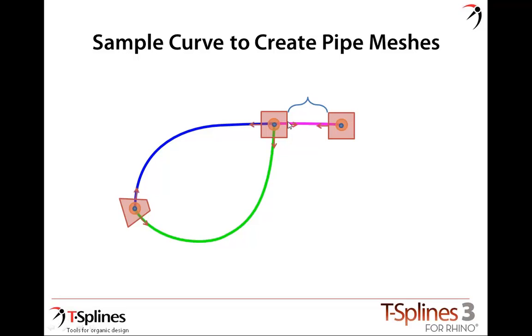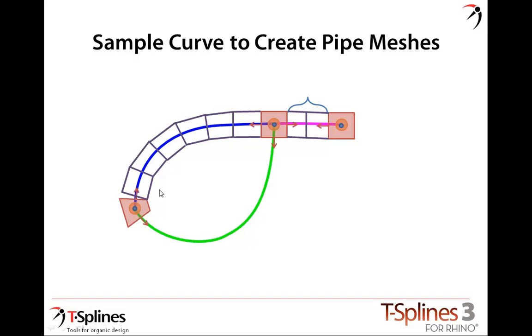What I do is I take these curve positions and then take the curve in between them, and I try and figure out, based on the size of these joints, how many segments I should use in order to get as square as possible along the pipe meshes. That works the same way if I've got a longer curve. I just say, I want this result to be as square as possible, and then build a mesh for each pipe. So I've got a mesh for each joint, which is built off the prototype, and then a mesh for each pipe.